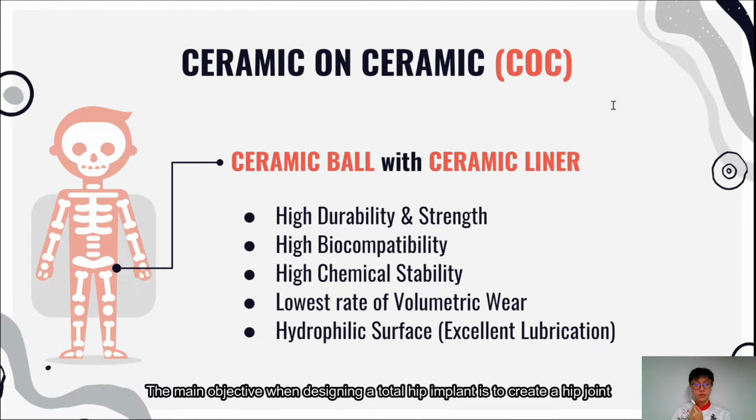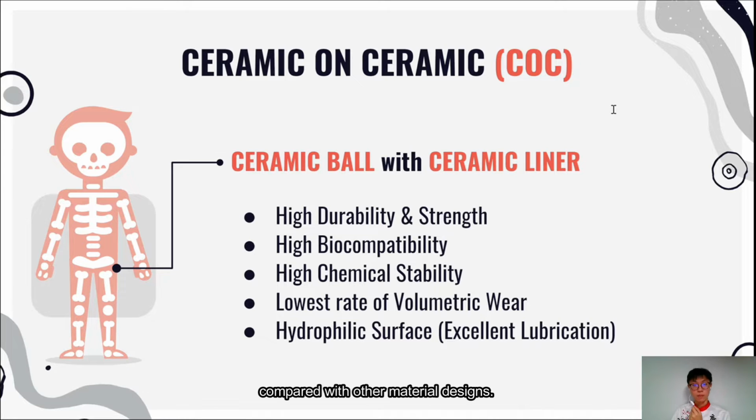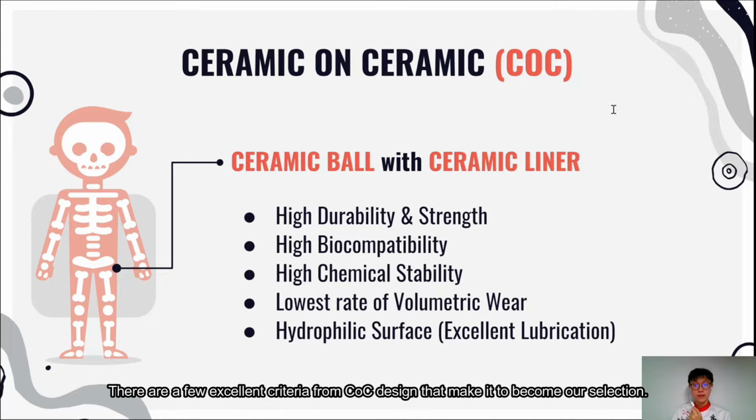The main objective when designing a total hip implant is to create a hip joint with high biocompatibility, high durability, and low friction. Therefore, we have chosen the ceramic on ceramic total hip implant design compared with the other material designs. There are a few excellent criteria from the COC design that make it our selection.